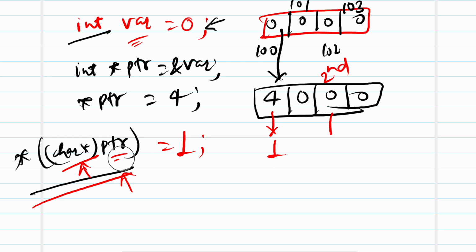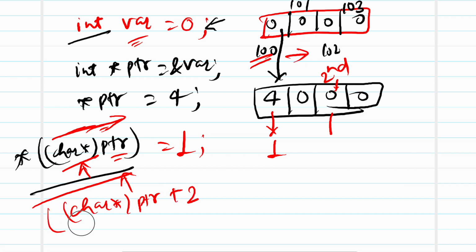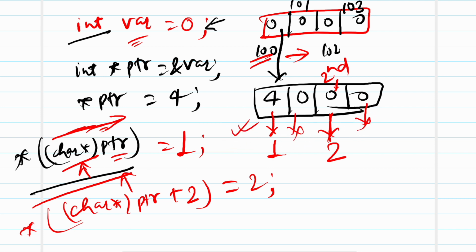Currently this pointer ptr of character type is pointing to memory location 100. So to point to the second location, we need to increase this character pointer by 2. Then if I do dereferencing here and update the value, the second index will be changed from 0 to 2. Similarly you can change this one and this one also. A single byte you can access from these 4 bytes.